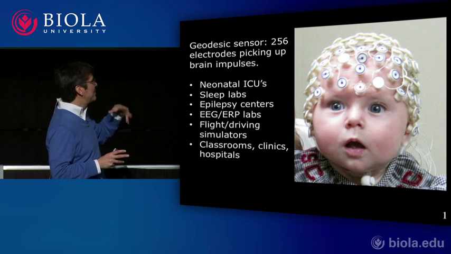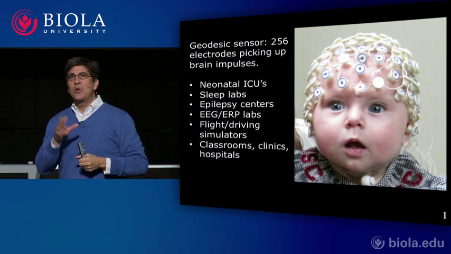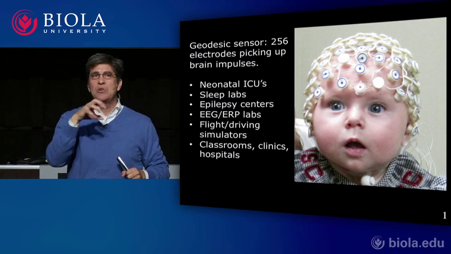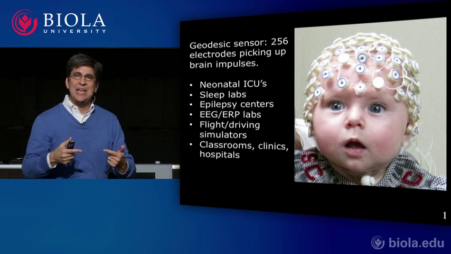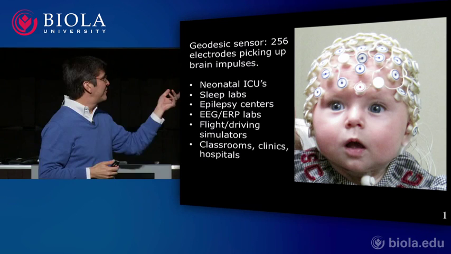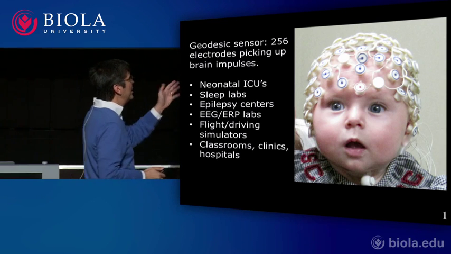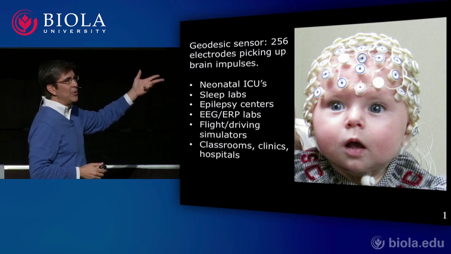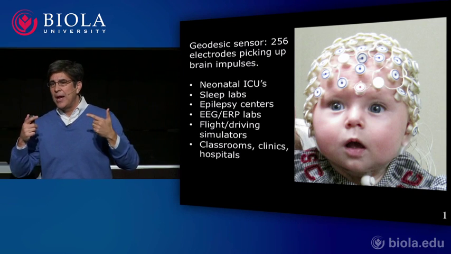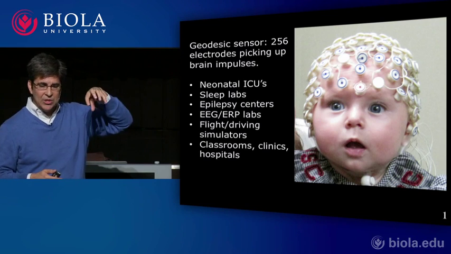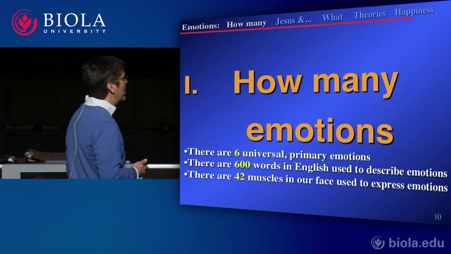Neonatal ICUs and sleep labs, because it's pretty easy, but it starts to show us brain correlates of certain emotional expressions, and then we can start to see and read at a better level. So that's just one cool little thing that they use out there in a variety of places to try and read what happens when a person is experiencing a thought, an idea, or an emotion, and then what's the relationship with some of the brain patterns that are going on.